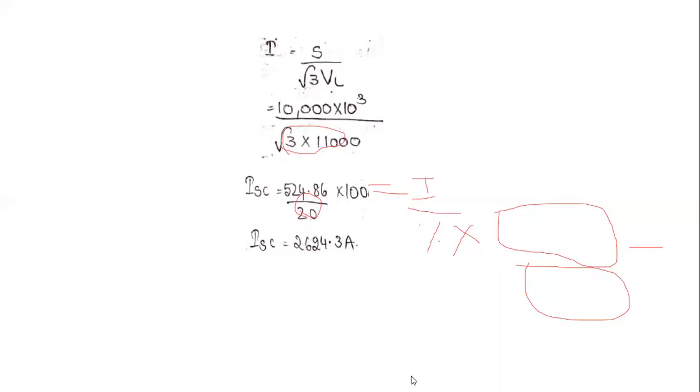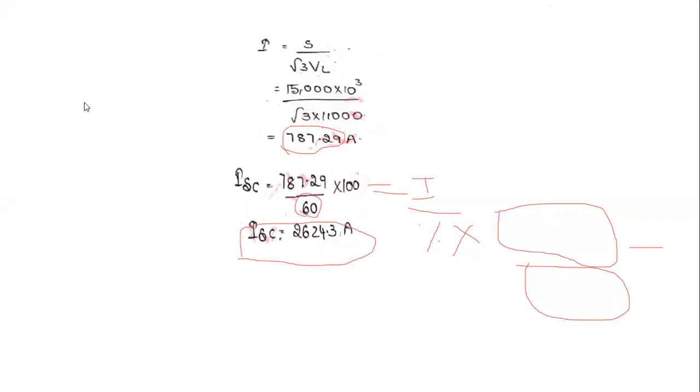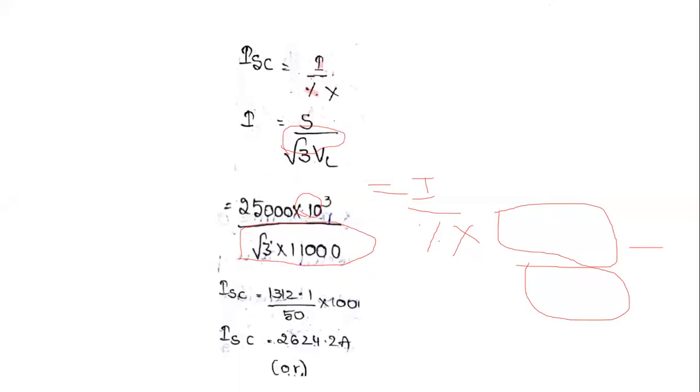Then we observe the currents when we take various base kVAs. We obtain the same values for the short circuit currents. That is 2624.3 when we consider 10,000 kVA as the base kVA, 2624.34 when we consider 15,000 kVA as the base kVA, and 2624.2 when we consider 25,000 kVA as the base kVA.